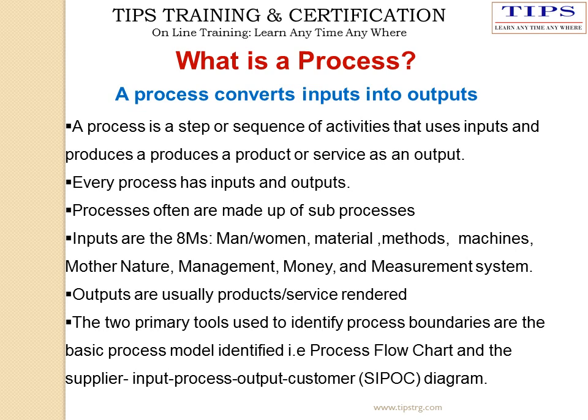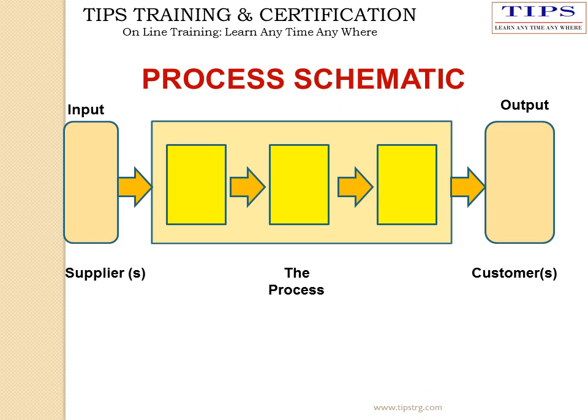There are primarily two tools used for identifying and drawing the process. One is the process flow chart and the second is the SIPOC diagram, that is, supplier, input, process, output and customer diagram. Let's see one by one.